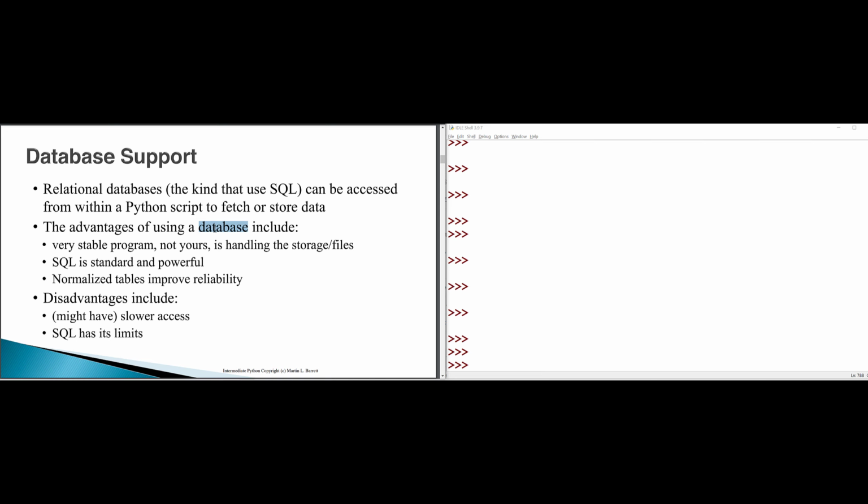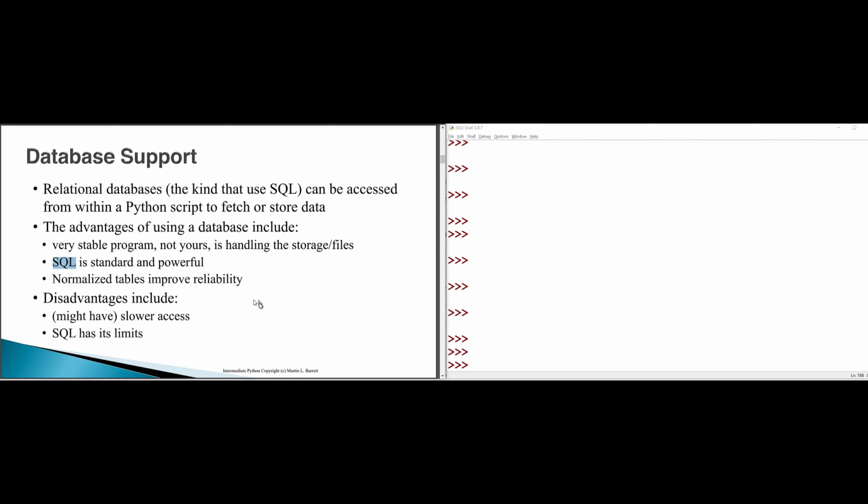So an advantage of using a database to manage your data is that it is a very stable and well-tested and robust bit of software that you are not responsible for having to debug. You just install the thing and use it.